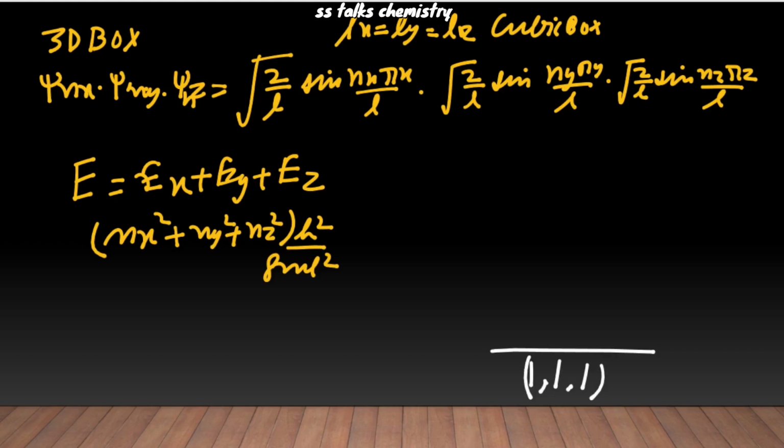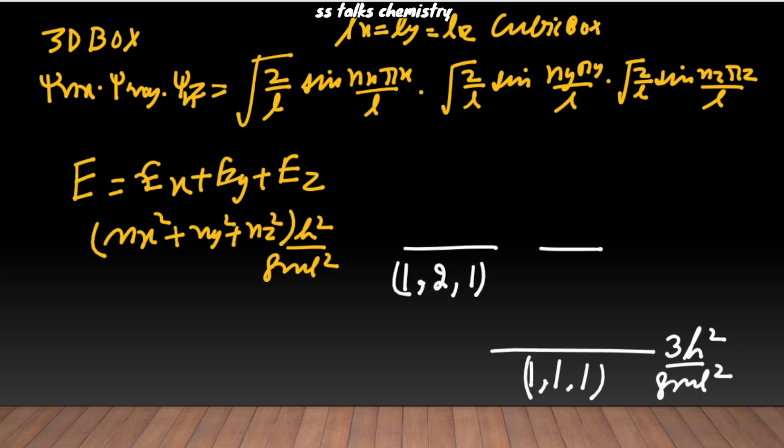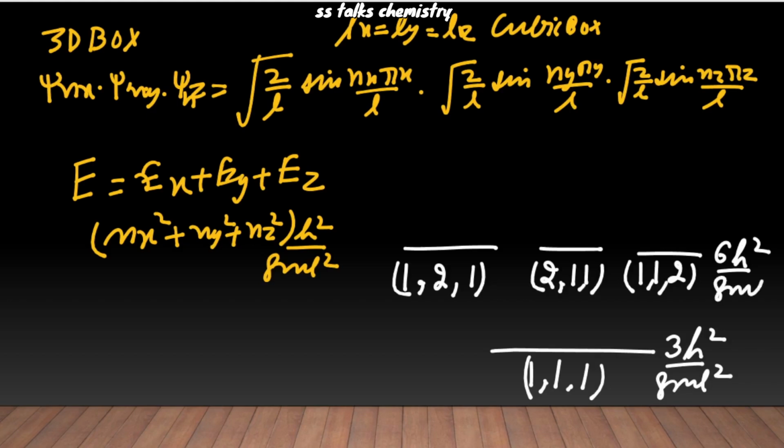The energy corresponding to this is 3h square upon 8 ml square of it, right? The next level is going to be 1 2 1, or we can consider 2 1 1, or we can consider 1 1 2. So all these three are going to be degenerate, giving the energy 1 square plus 2 square, 4 plus 1 is 5, 5 plus 1 is 6, so 6h square upon 8 ml square of it, right?